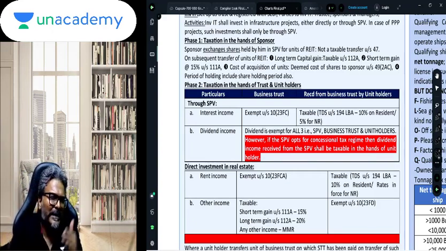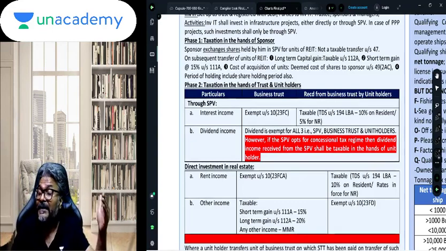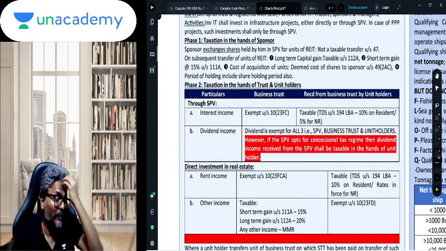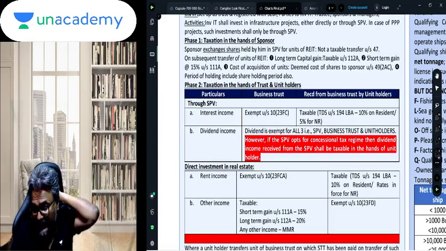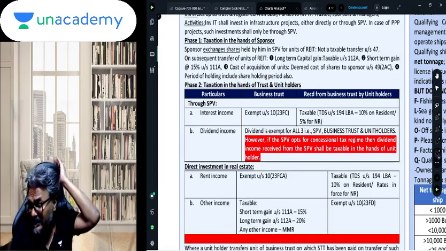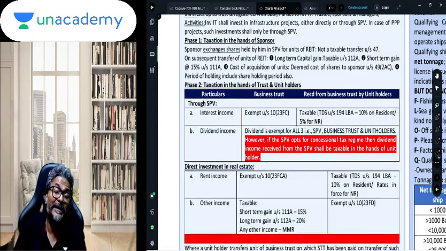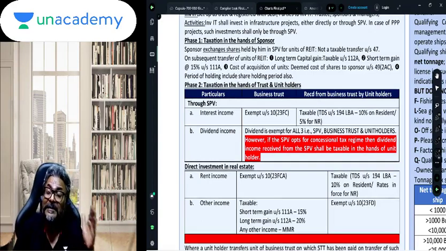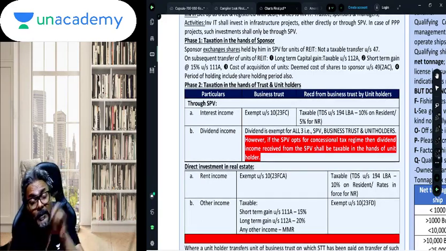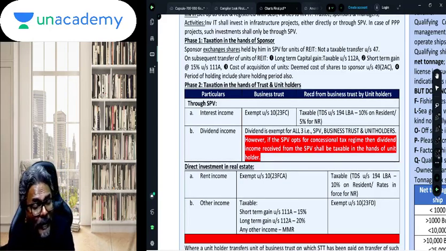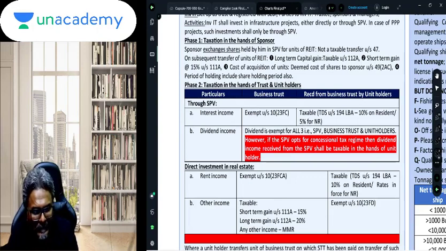This dividend income received by a non-resident or a foreign company unit holder from the SPV, which has opted for 115BAA, is going to be assessed only at the rate of 10%. And because it is assessable only at the rate of 10%, in computing the book profit, even this dividend income, which is taxable at the rate of 10%, will not form part of the book profit. Is that clear to all of you?